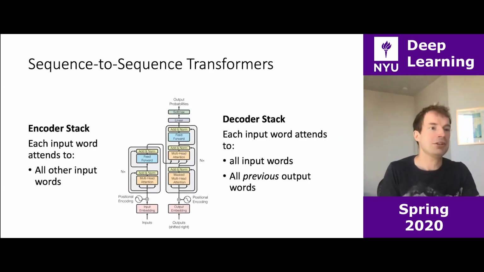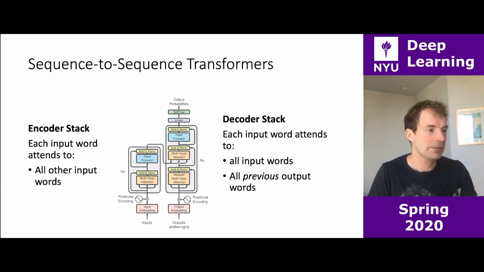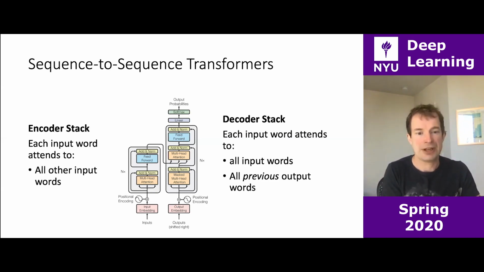So there's a variation of transformer for sequence models. Here we're going to have two stacks, an encoder stack and a decoder stack. Basically, the encoder stack is the same as what I showed you before, apart from the self-attention isn't masked, so every token in the input can look at every other token in the input.